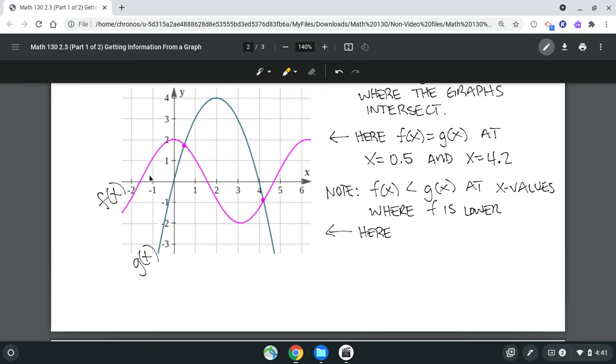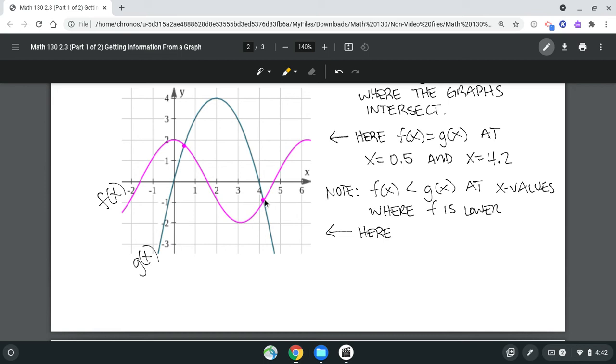So here, f is above g, so f is higher than g, greater than g. But over here in this region, the pink graph is below the green graph. So right inside here, where the pink graph is below the green graph, f of x is less than g of x. Okay, so for these x values.